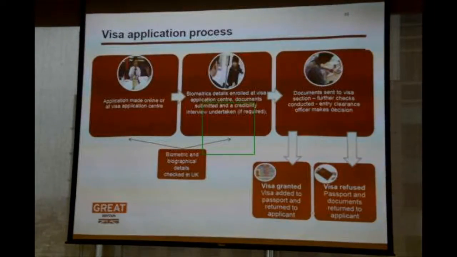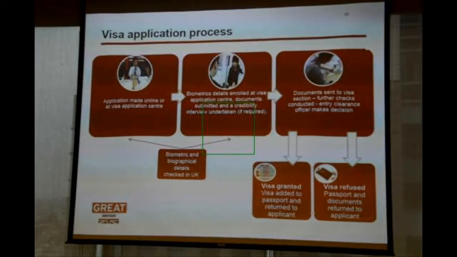So the visa application process, now this has actually changed very slightly from when I did this slide. It changed last Friday. If you have a look at the VFS website, the way that an application is submitted at the application centre is changing slightly. The application is still made online.